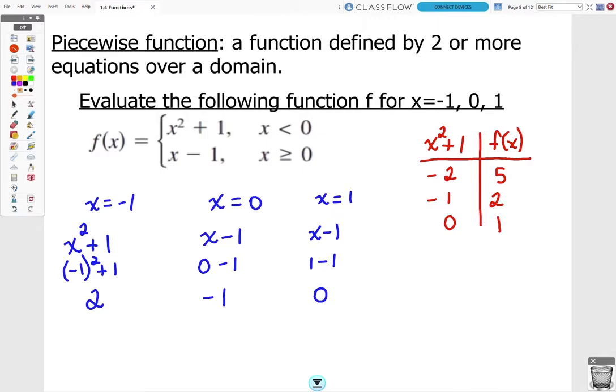For the other one, let's make a table of values again for x minus 1. This time my values, as it defines it here, are greater than or equal to 0, so I'm going to start at 0 and go 1, 2. So 0 minus 1, 1 minus 1, and then 2 minus 1. That's what my table of values looks like for both of these.